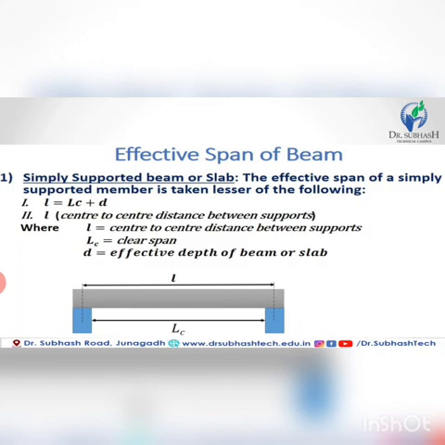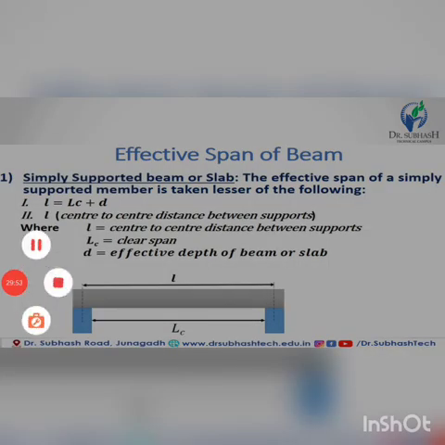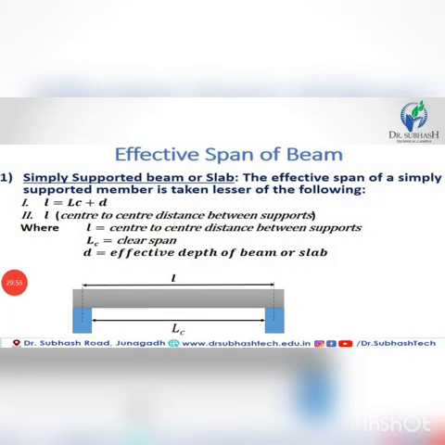Second, center to center distance between supports. Effective span is equal to clear span plus effective depth. Second, center to center distance between supports.